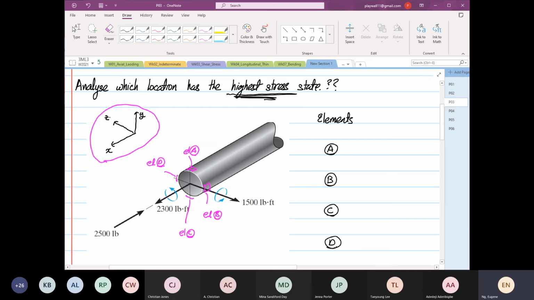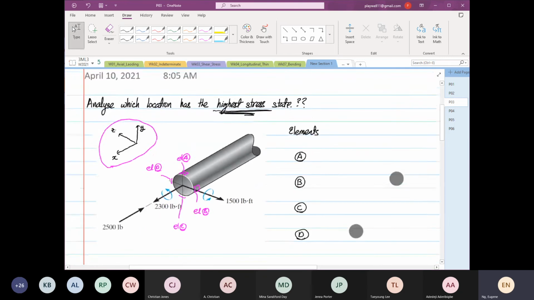Where is the highest stress state? If you don't know, you will do it for every element. Then you will tell me, final exam, not enough time, right? In the real world you could do every element, but not for this case.